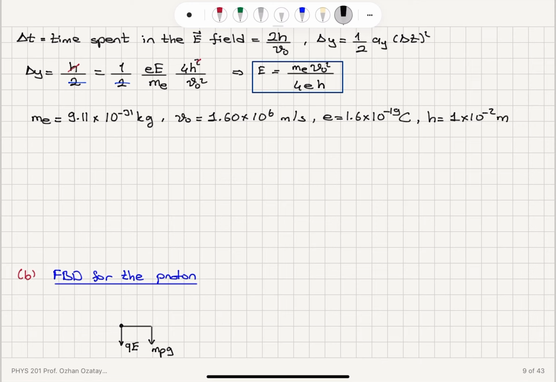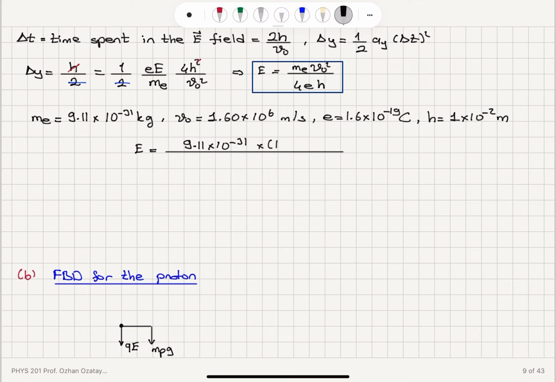So if I substitute these numbers, I find the electric field to be, for the mass of the electron, I substitute 9.11 × 10^-31 kilograms.